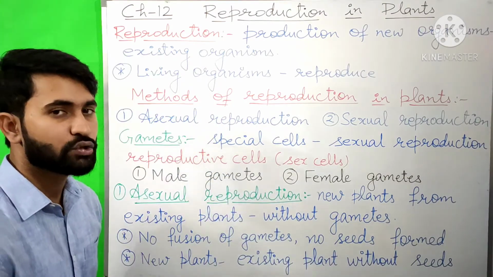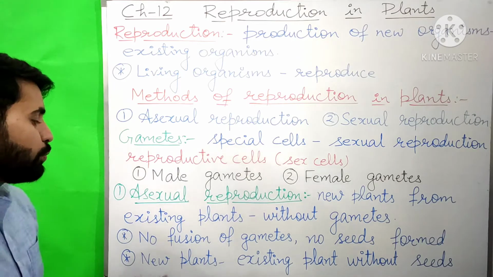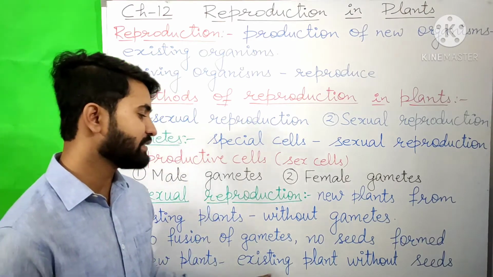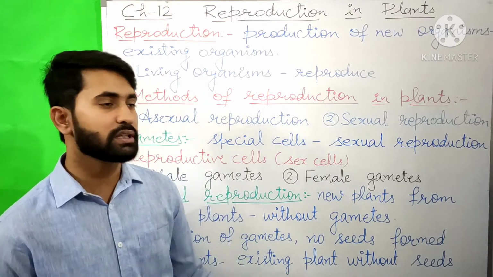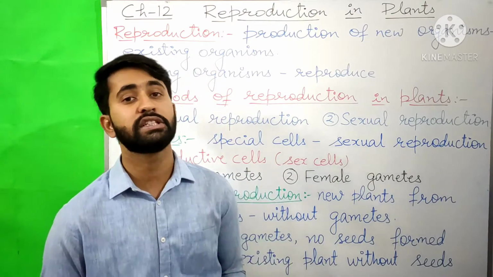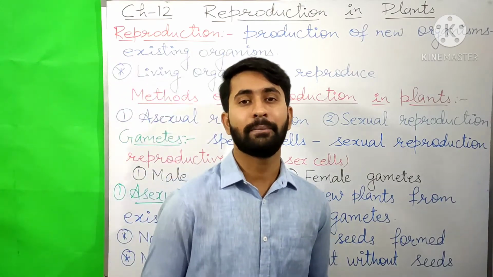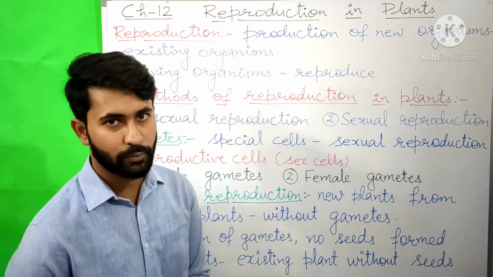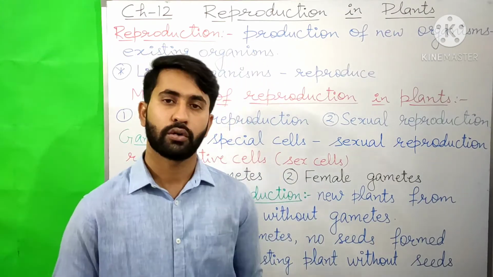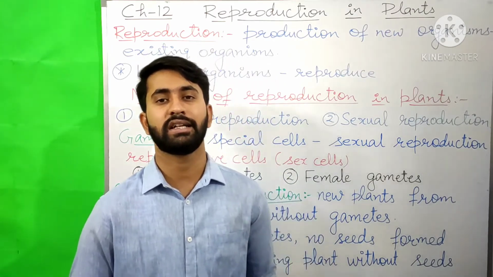So in asexual reproduction, the new plants are produced from the existing plants without the use of seeds. Some of the plants which can be produced by asexual reproduction are rose, potato, ginger, dahlia, sweet potato, etc.